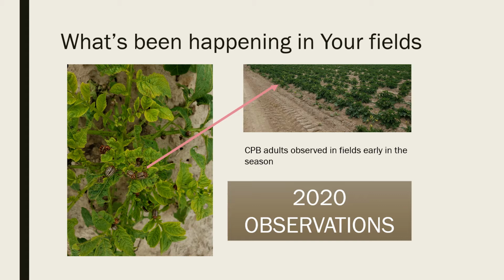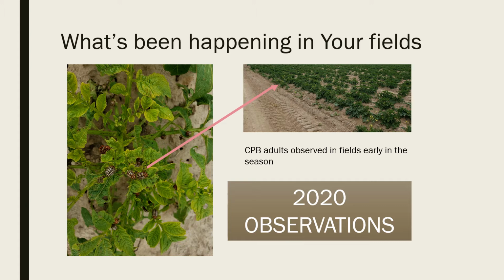Based on 2020 observations, I went around to a lot of different fields last year because of wireworm click beetle traps that we had, and I was able to observe that a lot of Colorado potato beetle adults were emerging very early in the season and starting to feed, especially on the edges of certain fields.